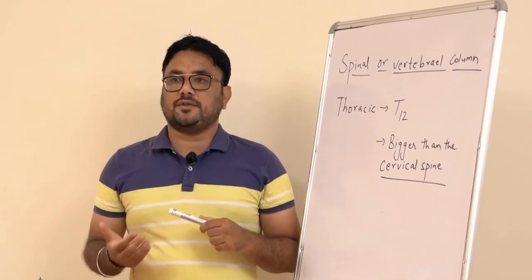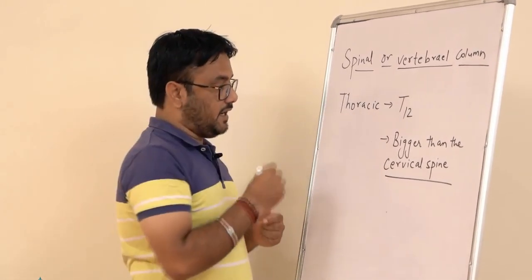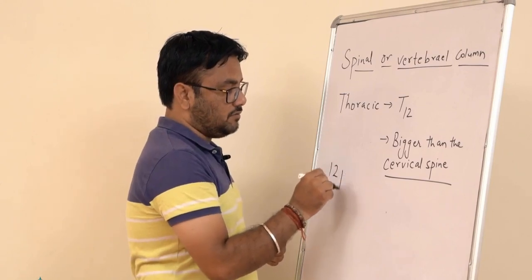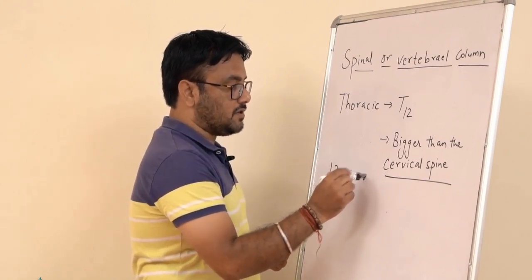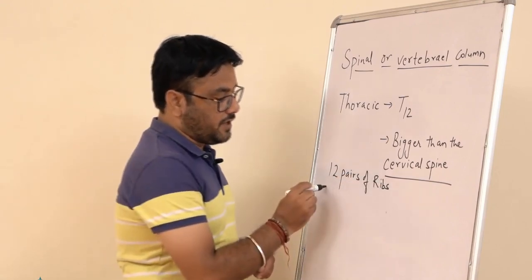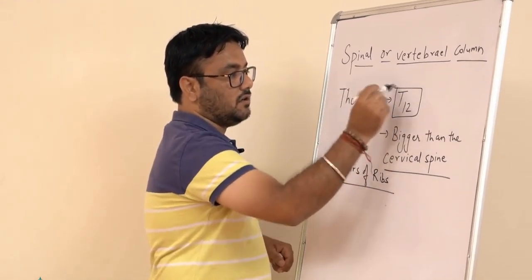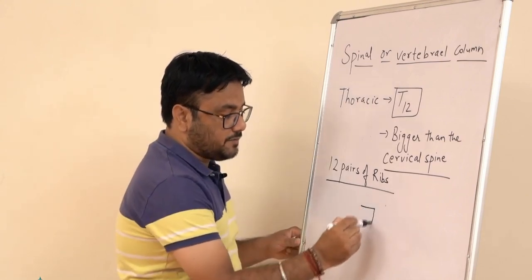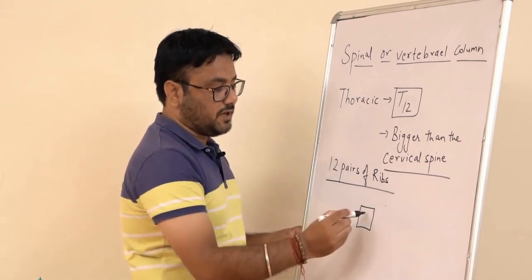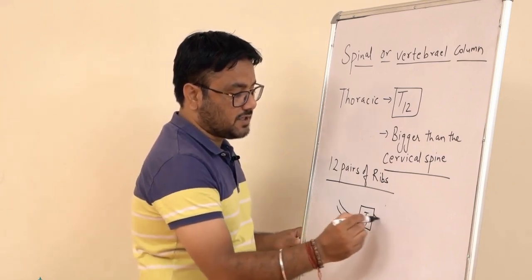How many ribs do we have in our body? 12 pairs of ribs, right? So 12 pairs of ribs, and how many thoracic vertebrae? T12. Each pair of ribs is attached to one vertebra, suppose T1. So each pair of ribs is attached to one thoracic vertebra.